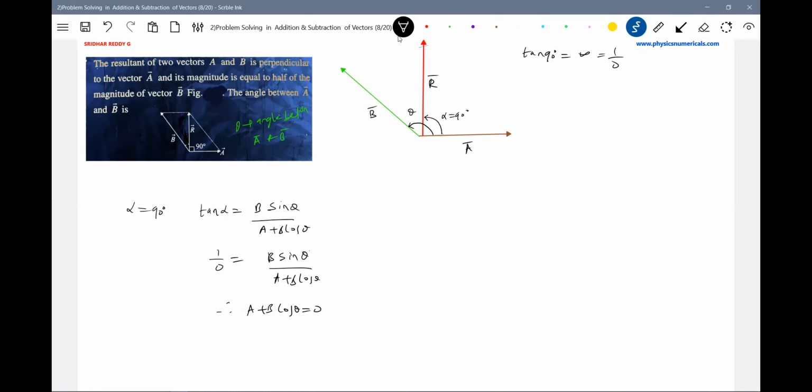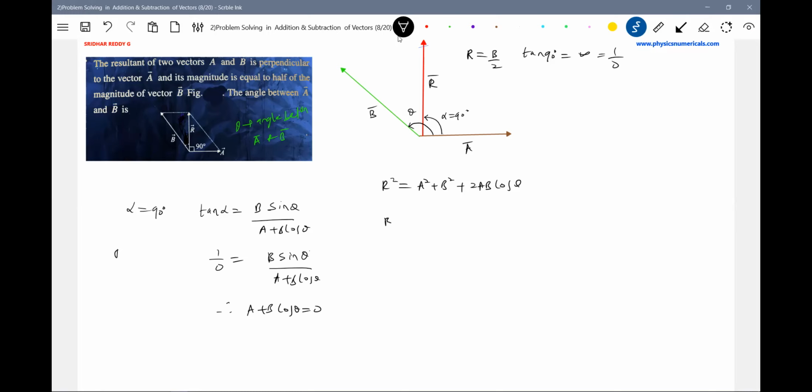Okay, let's come to the resultant formula. R square equals a square plus b square plus 2ab cos theta. The resultant of two vectors a bar and b bar is perpendicular to a, and its magnitude is equal to half of the magnitude of vector b bar. So what is R equal to? Actually, R is given as b by 2.